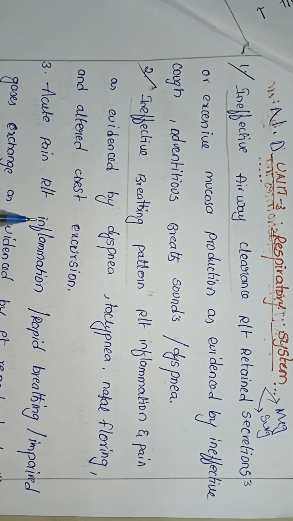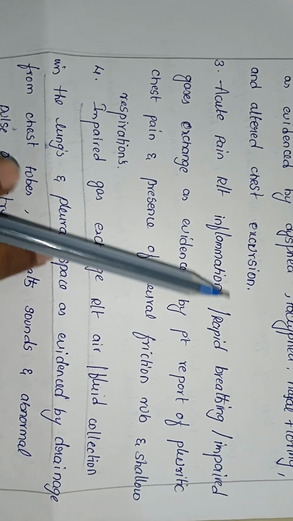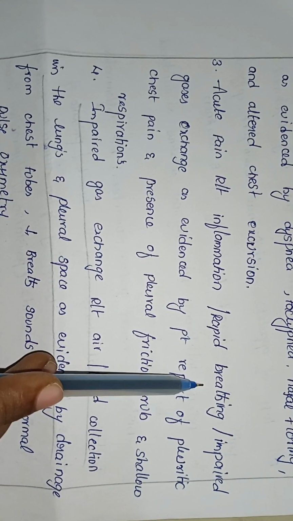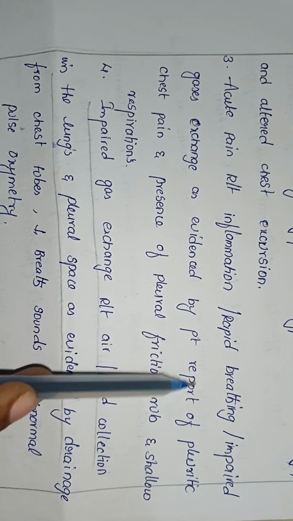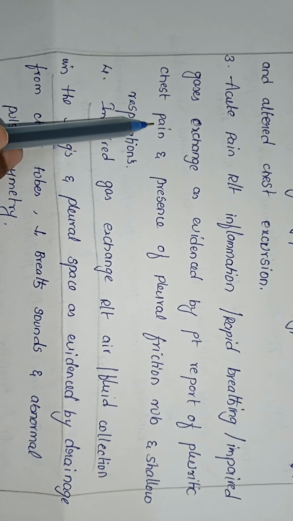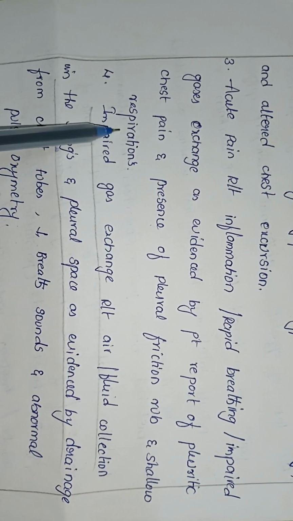Third nursing diagnosis for the respiratory system: acute pain related to inflammation or rapid breathing or impaired gas exchange as evidenced by patient reports of pleuritic chest pain and presence of pleural friction rub and shallow respirations.